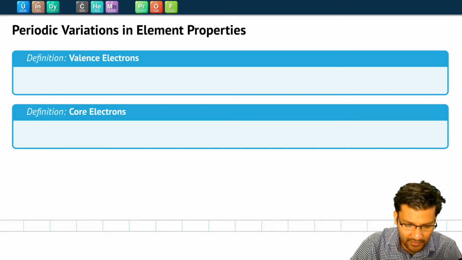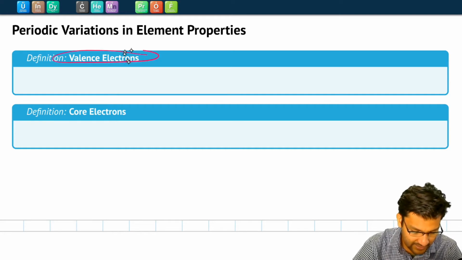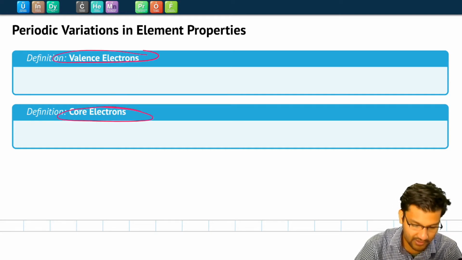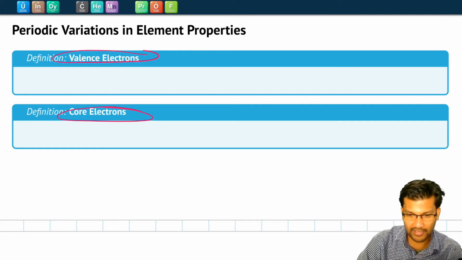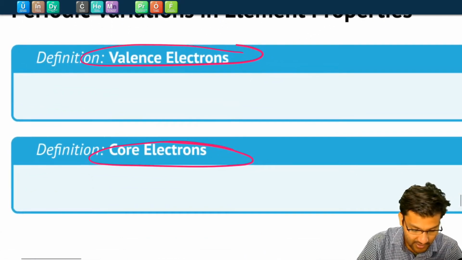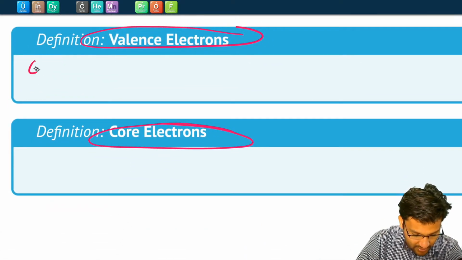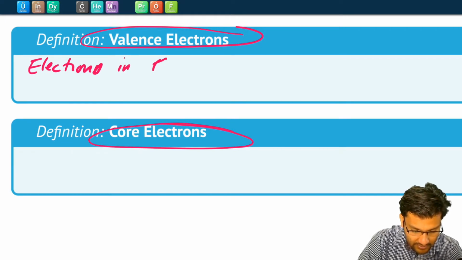To talk about these various electrons, we often refer to them as either valence electrons or core electrons. The electrons with a higher energy in this outermost shell of electrons are what we call the valence electrons.